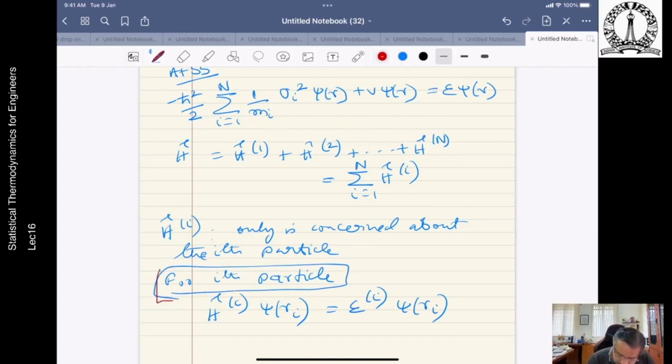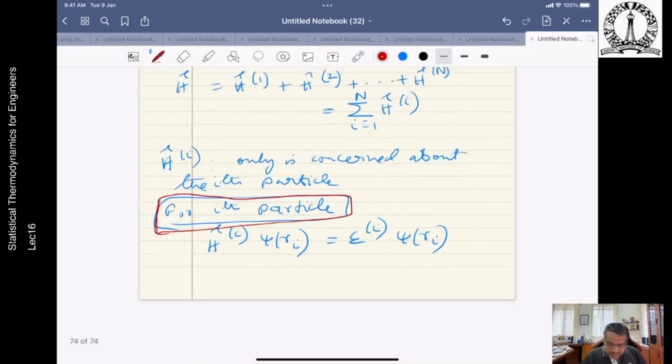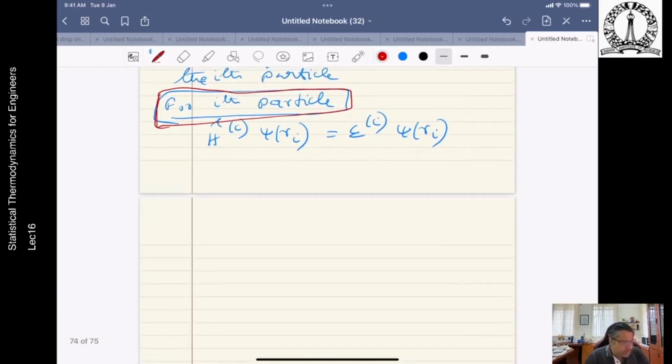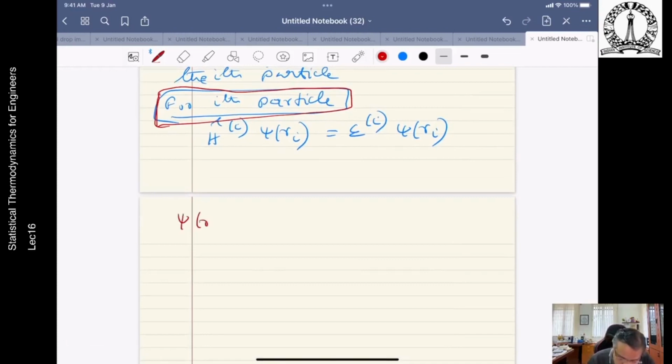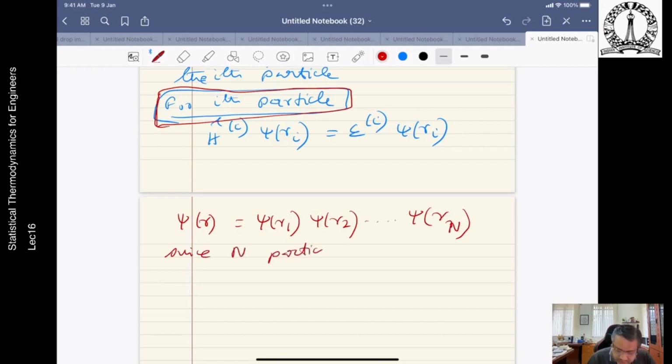But remember these particles are all mutually independent, right? So that is for the ith particle. Now the wave function, if you write it, psi of r should be now psi of r1, psi of r2, up to psi of rn. That is because the n particles are independent.